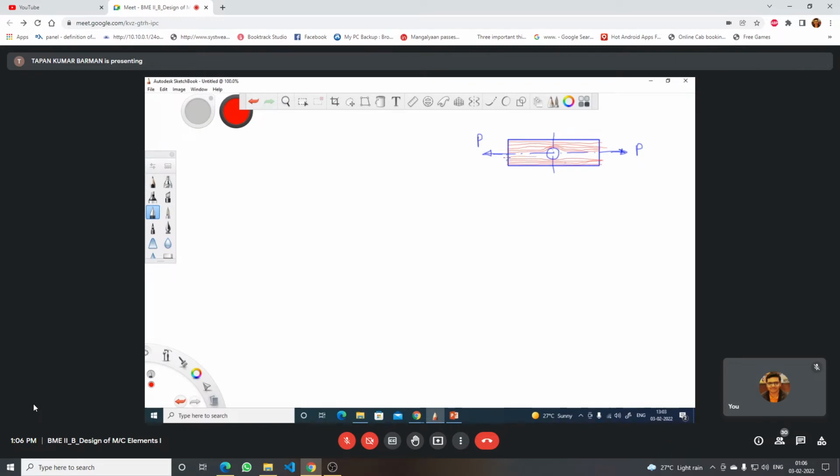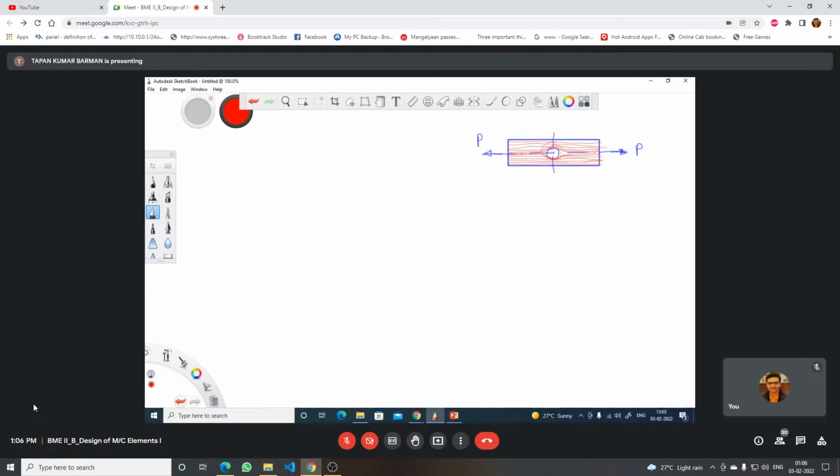Now near the discontinuity, near the hole, the stress lines are so dense that the stress levels will be higher near the discontinuity of the material, discontinuity of the component.